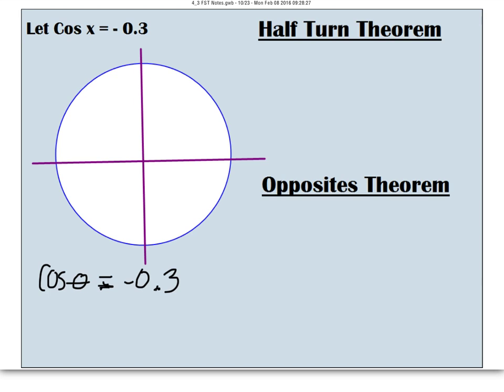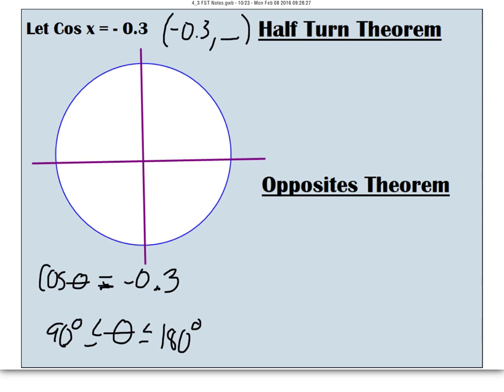But what does this mean? If the cosine of an x, or my angle, is this value, here's what I know, is that the x value of the ordered pair is negative 0.3, but I don't know the y. Again, they would normally tell me which quadrant to be in. So let's assume this time they're going to tell us we want the angles to be in between 90 degrees and 180 degrees. So that's going to be in the quadrant 2 region.